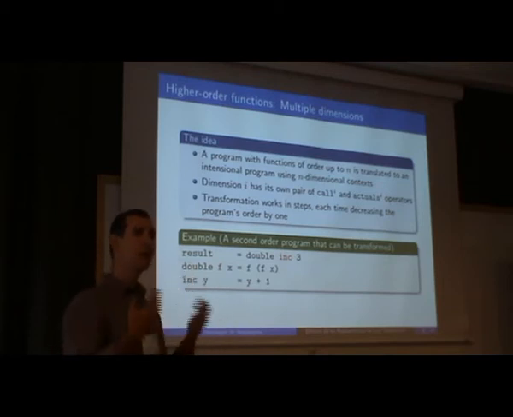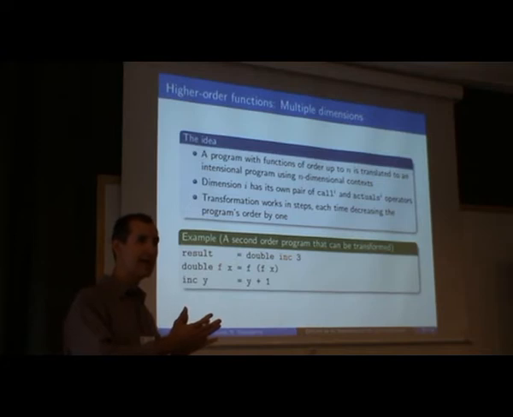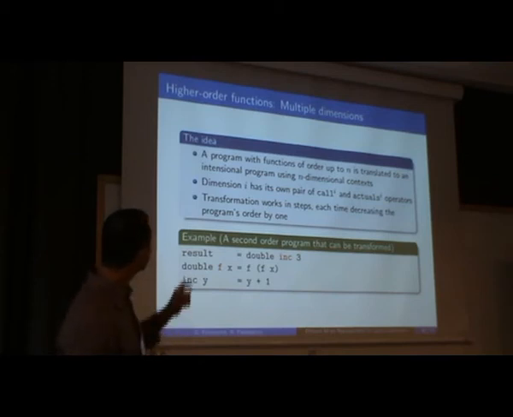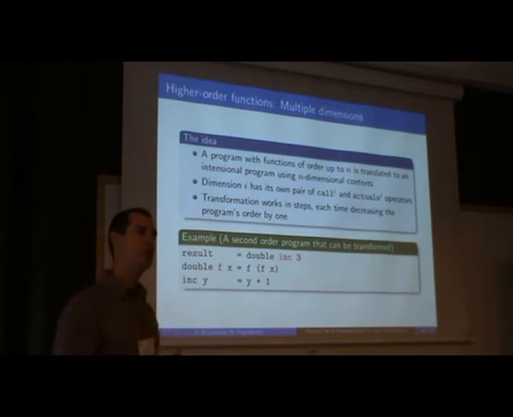You need a context with at least n dimensions. And by n dimensions, I mean an n-tuple of lists, not just one list, at least n lists. And each dimension has its own call and actuals operators. And these work and give you the result that would be right.